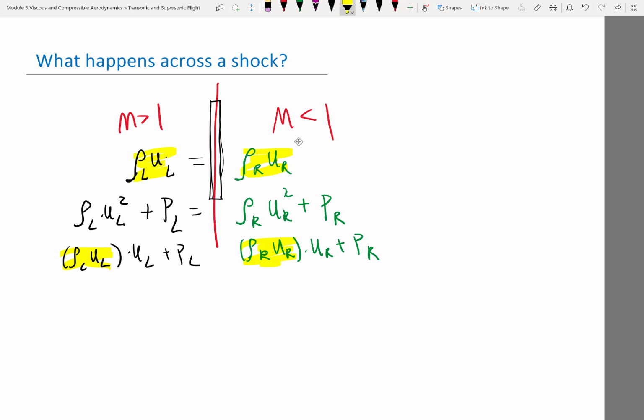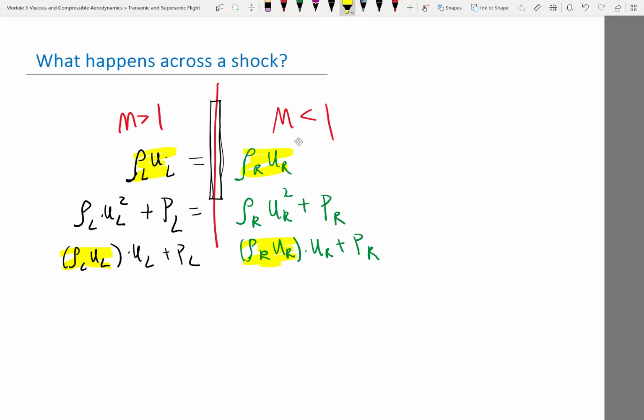That means that as UL is faster than UR, rho L UL times UL again has to be greater than rho R UR times UR, just because the parenthesis is exactly the same and we know that UL is greater than UR. That means PL and PR, which one has to be larger? PR. So basically conservation of momentum tells you that a sudden decrease in velocity has to lead to a sudden jump in pressure.